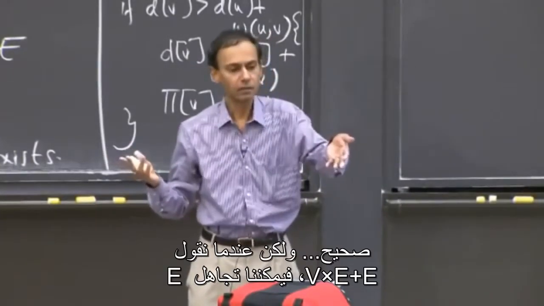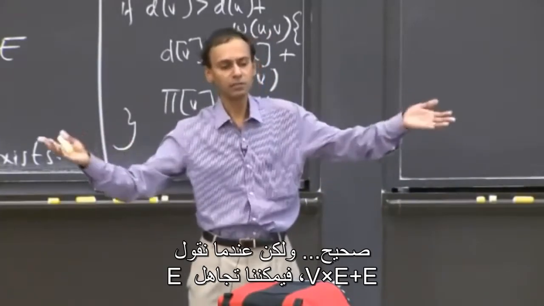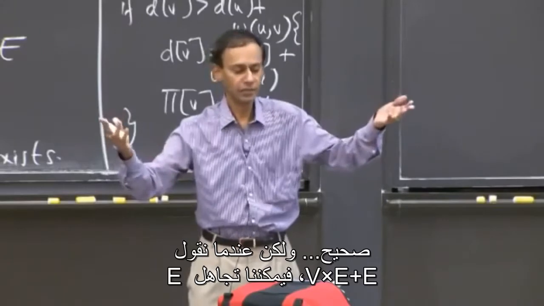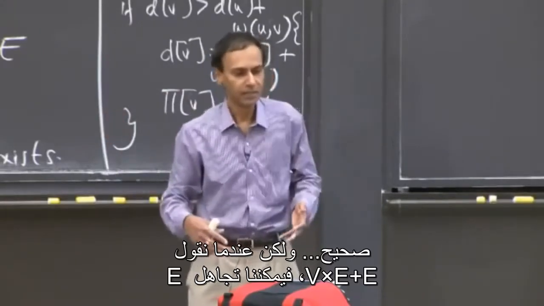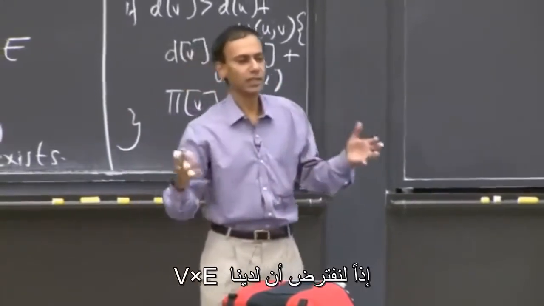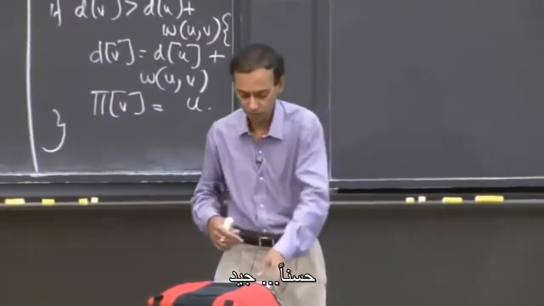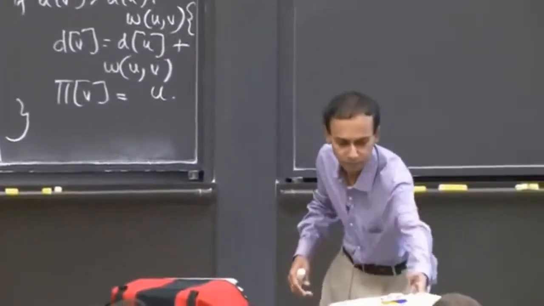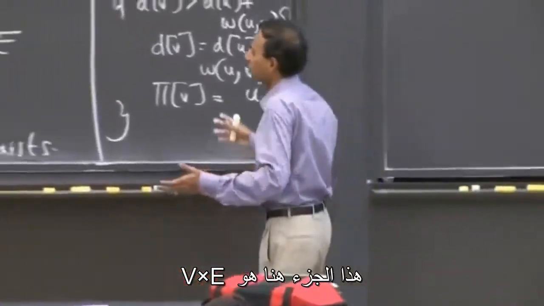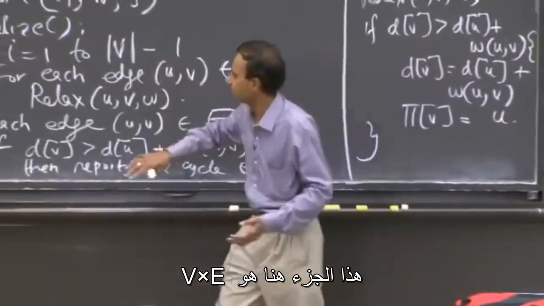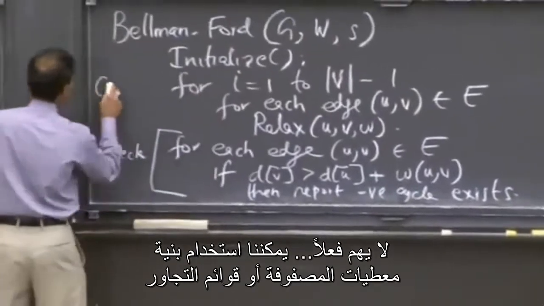That's the complexity. But when you do VE plus E, in Big O you can ignore the E. Right, so you have just V times E. All right, good. So there you go. So this part here is V times E.